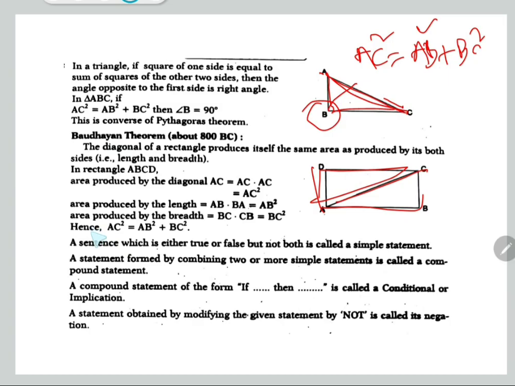Hence AC square is equal to AB square plus BC square.